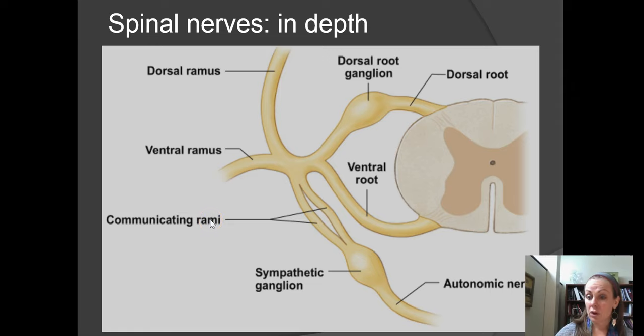Rami is plural for ramus. We have another bulge, so it's called a ganglion, but this time it's called the sympathetic ganglion. And leading off of that is the autonomic nerve. You could also call it the sympathetic nerve. You'll see it both ways. So these are the structures that are off of the spinal cord.